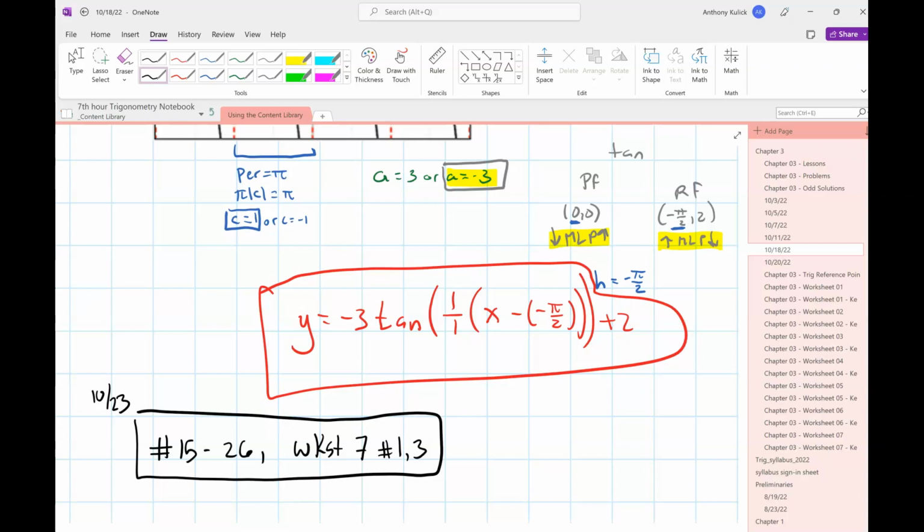And I'll have a Delta Math assignment for you guys to work on after that. And then that's all for chapter 3. This was the last topic we're covering in chapter 3. So the following class, what would that be? Monday next week?